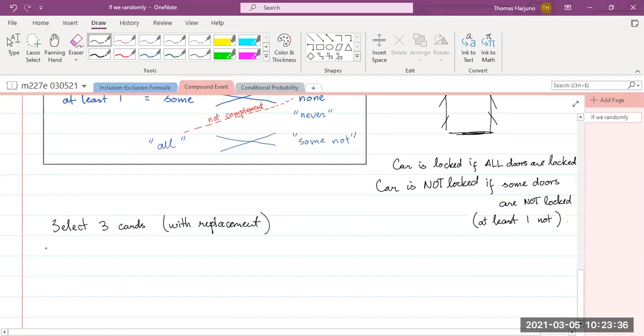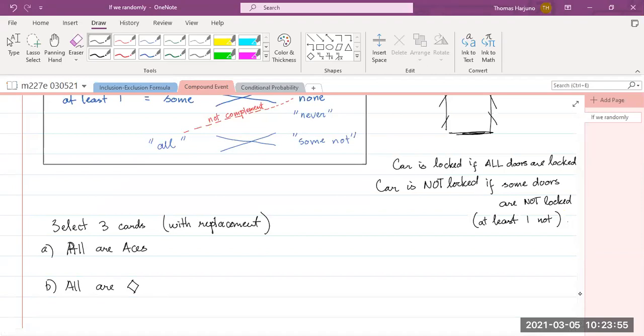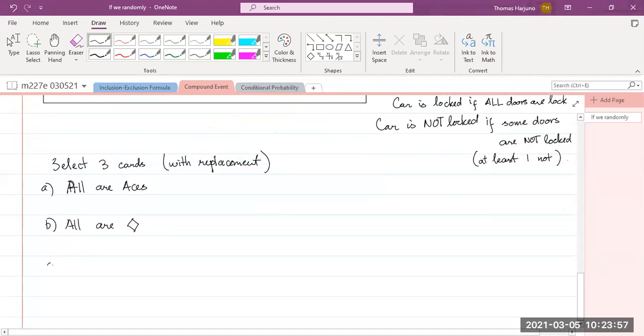Part A, find the probability that all are aces. Find the probability that all are diamonds. Find the probability of getting Jack, then Queen, then King.